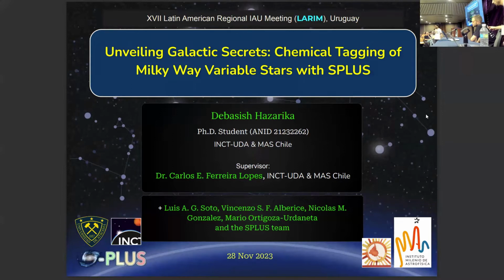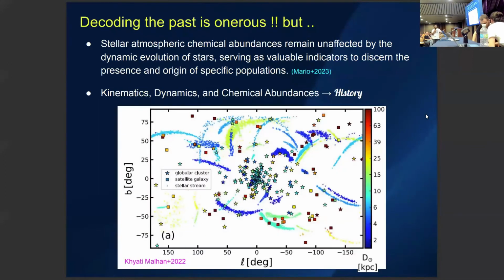It's a similar kind of thing to what my previous speaker has already presented. As was mentioned many times, lambda CDM cosmology says that larger structures are the result of mergers. To decode that past, we need to think about kinematics, dynamics, and chemical abundances to decode the history.